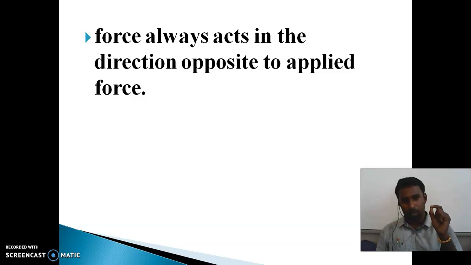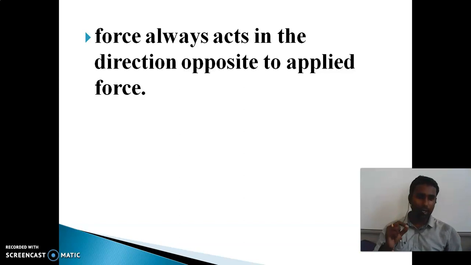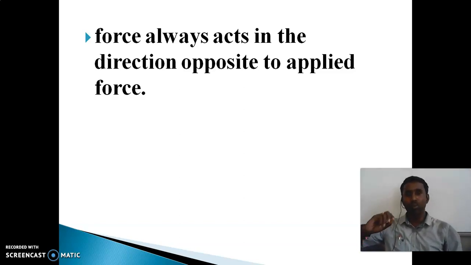Due to that rough surface, the frictional force will be maximum. So frictional force depends on the nature of the surface. If it is a very smooth surface like tiles or a marble floor, the resistant force will be very less. The resistant force is nothing but frictional force.